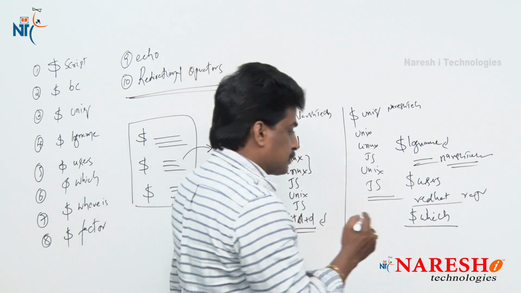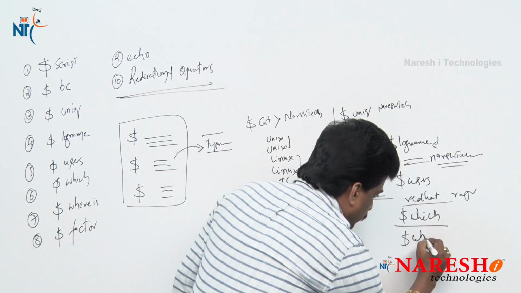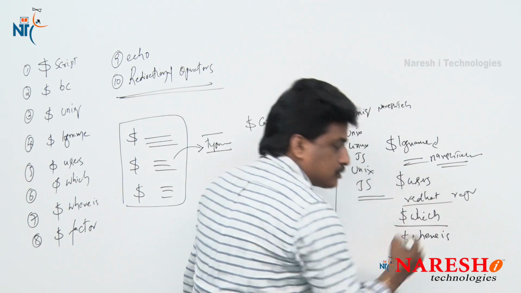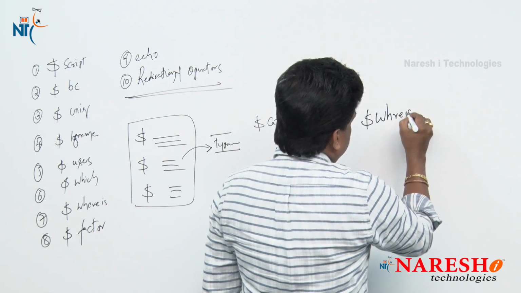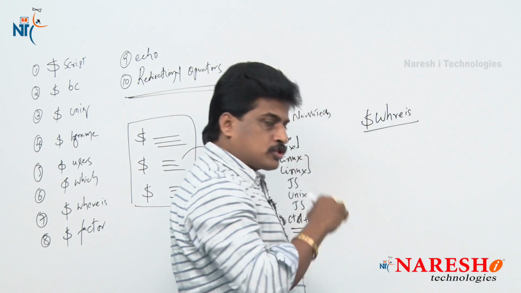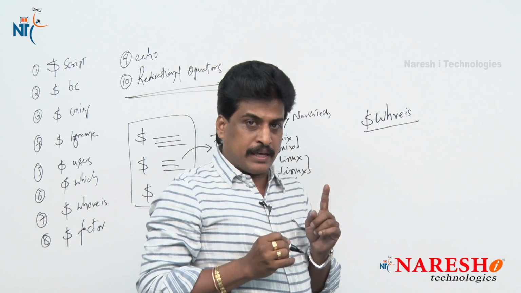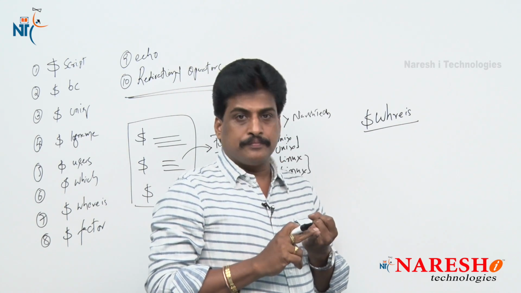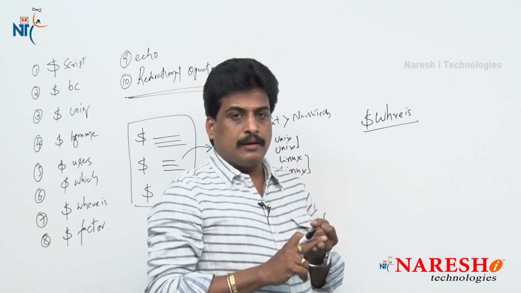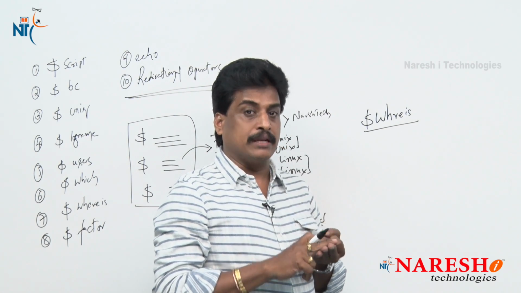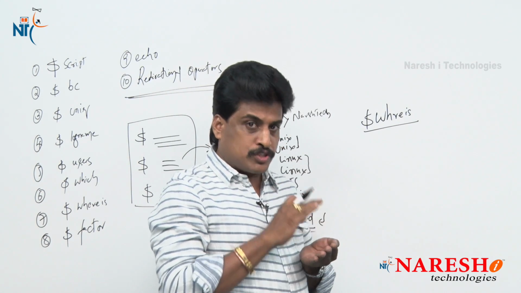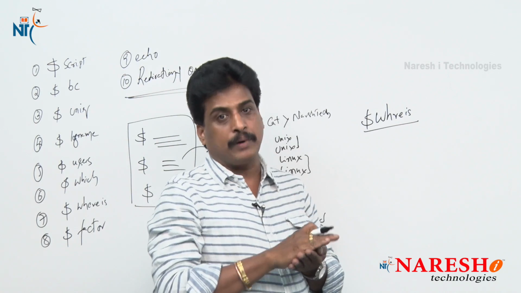Next one is whereis. Now we'll observe what whereis does. whereis and which are almost the same, but whereis displays source, binary and manual pages information, whereas which displays only the binary path.